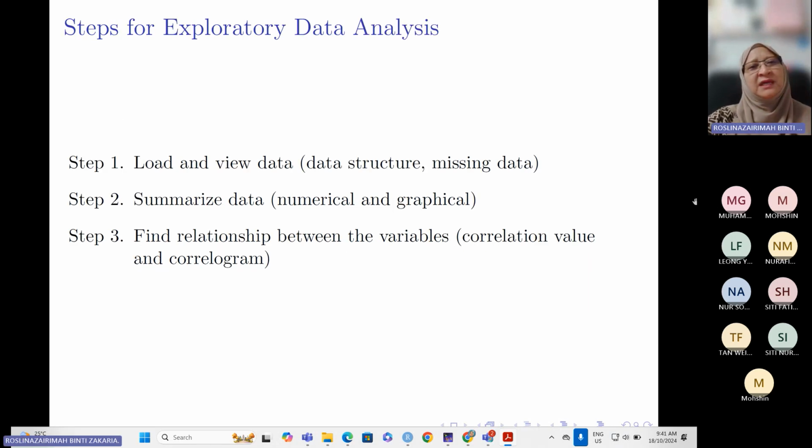Steps for exploratory data analysis. Normally, the first step is to load and view data. From there, you can see the data structure. Is there any missing data or not? Is there any inconsistency in the data and so on? Step number 2 is to summarize data, either numerically, that means you find the mean, the standard deviation, and so on, or you draw graphs using a histogram, box plot, bar plot, and so on.